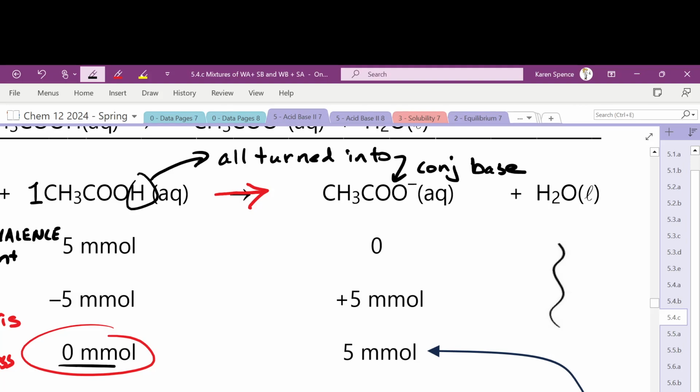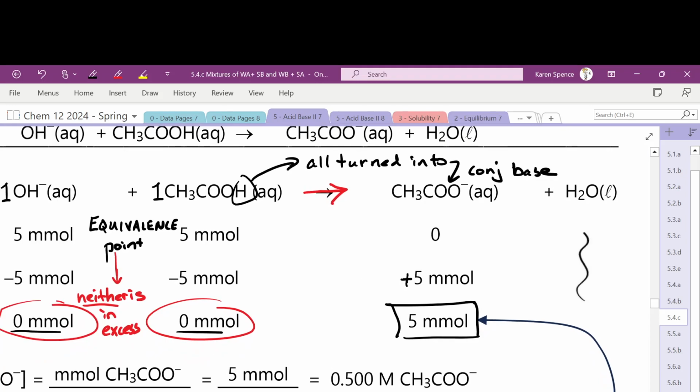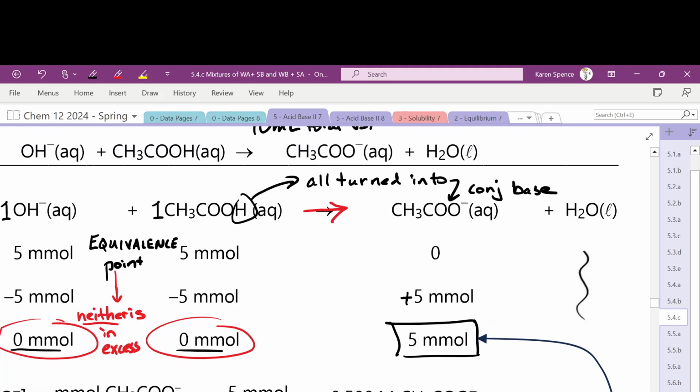We started with none of the conjugate base, and then it made 5 millimoles, so we now have 5 millimoles of the conjugate base. So I don't have any OH-, I don't have any CH3COOH.